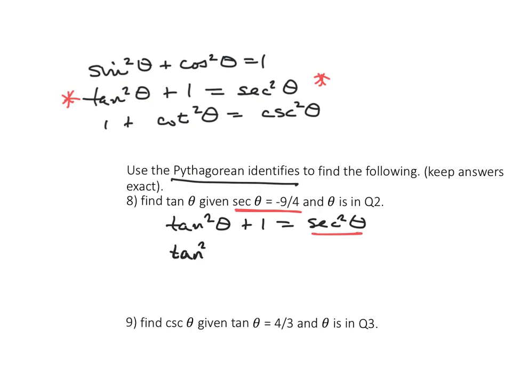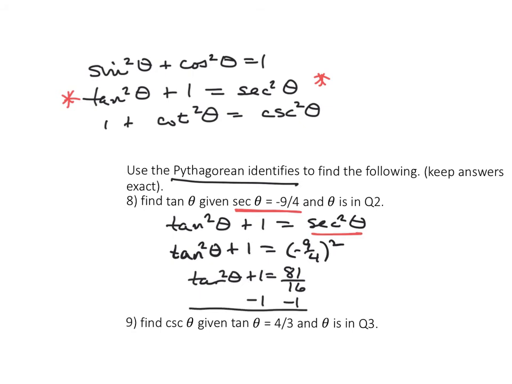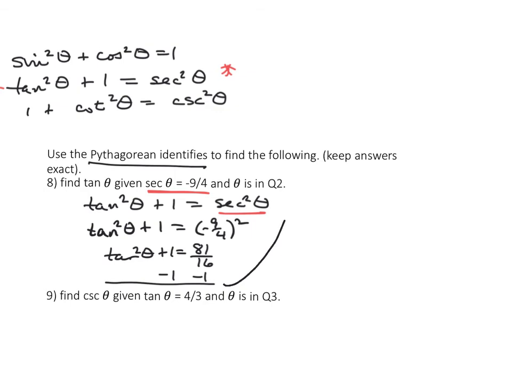So tan squared theta plus 1 equals negative 9 over 4 squared. I now need to square that; 9 over 4 becomes 81 over 16. I now need to move the 1 to the other side. So now let me finish the problem up here.